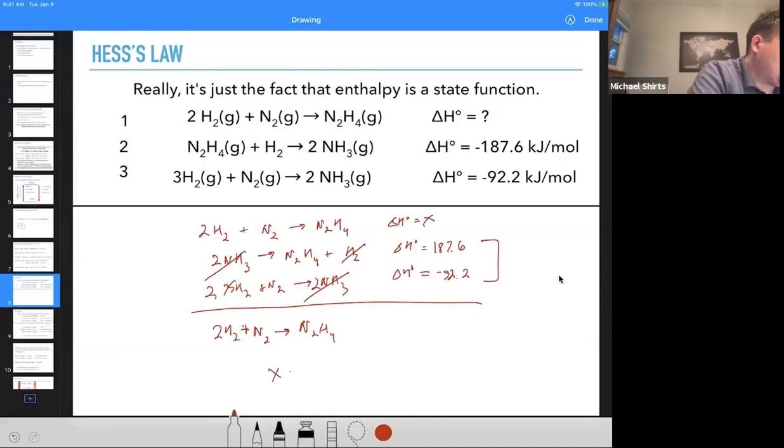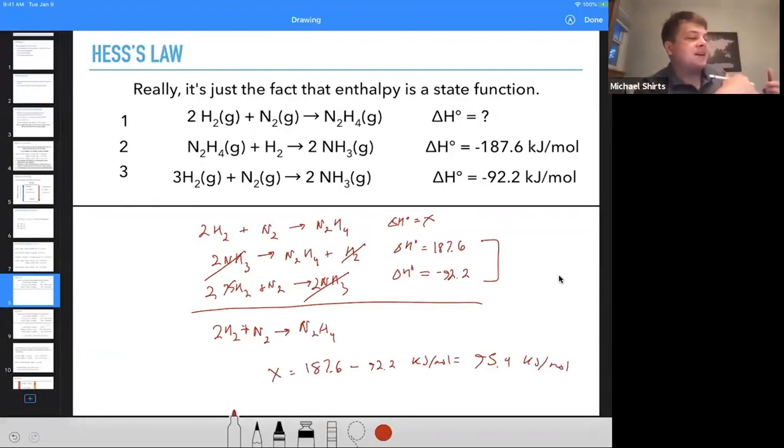Therefore, X is going to be 187.6 minus 92.2 kilojoules per mole, which is 95.4 kilojoules per mole.